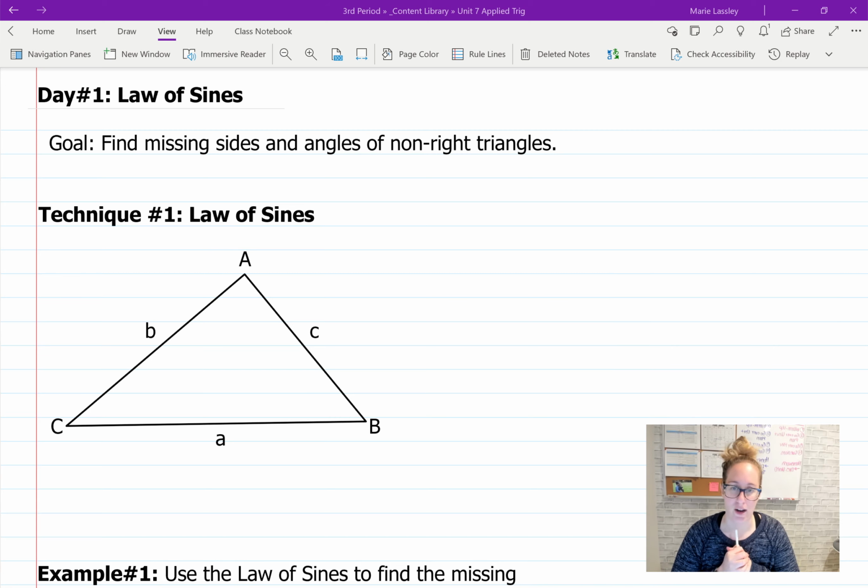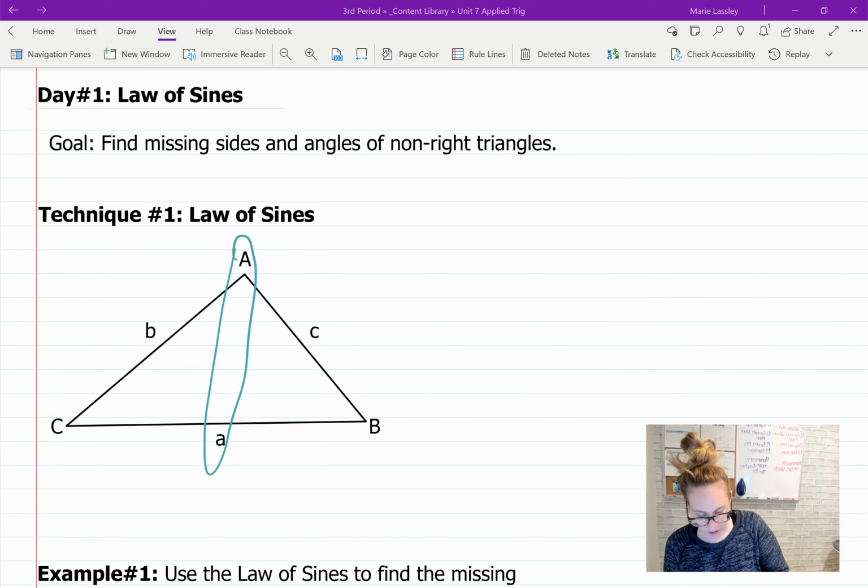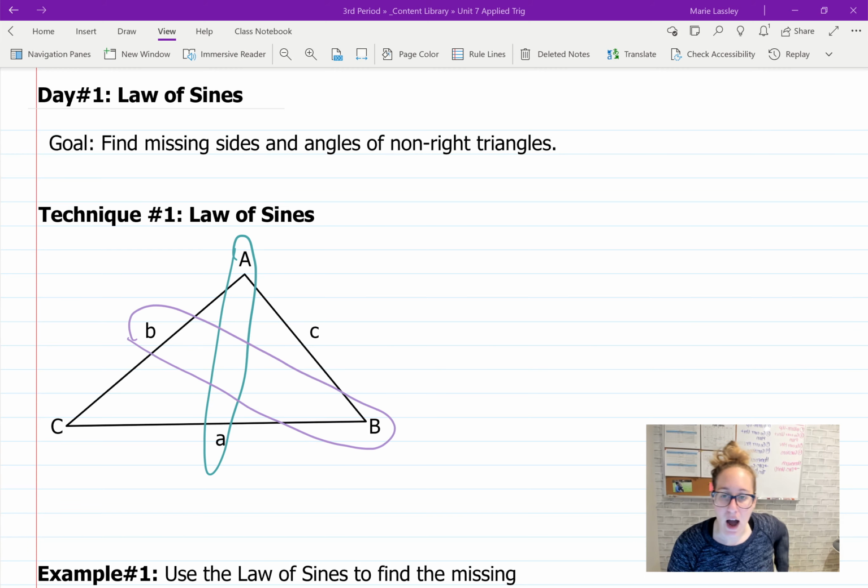Here we have a triangle. Just to go over a couple naming rules for triangles: generally the vertices of your triangle, the corners, are going to be capital letters. And the side opposite an angle will have its lowercase letter equivalent. So here we have angle A, and side A is directly opposite angle A. Same thing over here: side B and angle B are opposite each other.